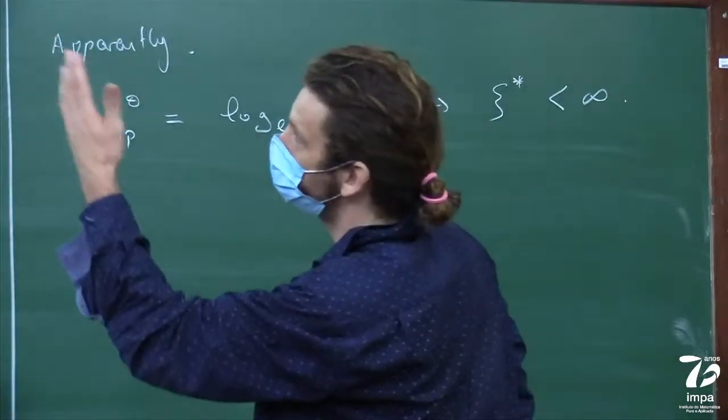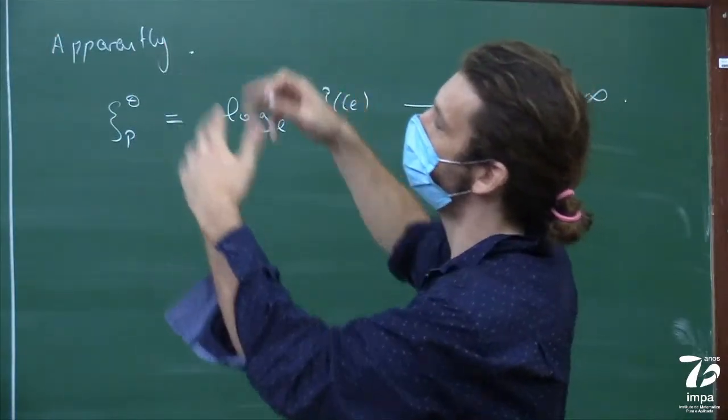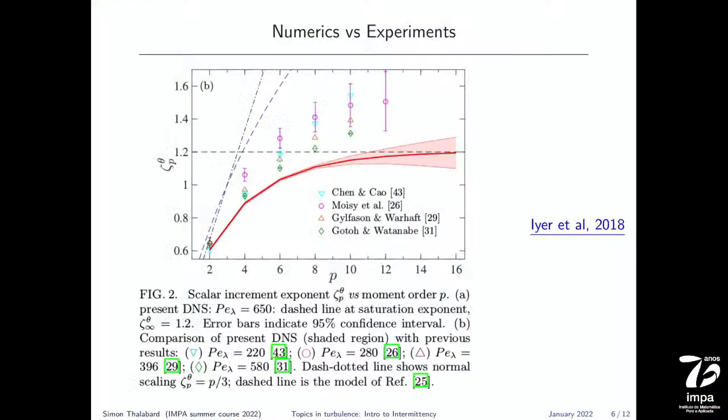And the consequence of this kind of behavior is that, as we argued from a theorem by Kolmogorov, we expect the scalar to form shocks.